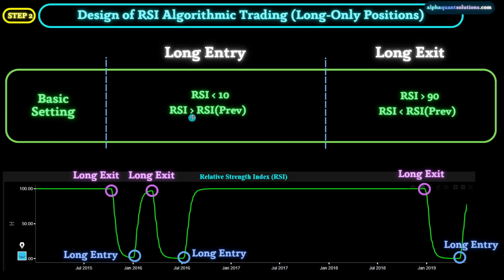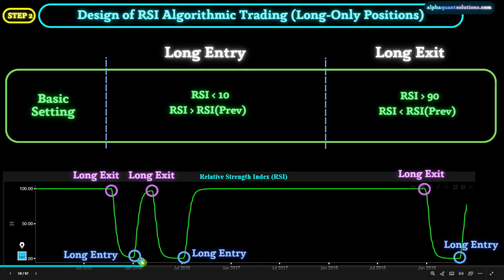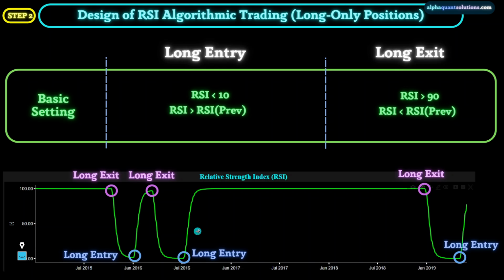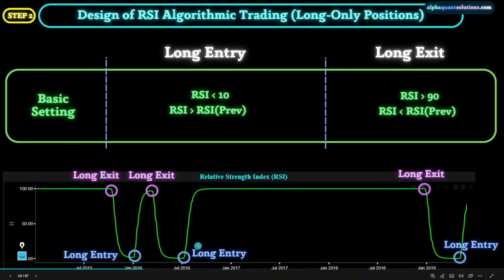And as soon as the new RSI is above the RSI of the previous day, then we have a long entry position. So you see here, the RSI has converged towards its asymptote. It's stabilized towards a low value. It's below 10. As soon as it starts to increase, then we can identify a long entry position.